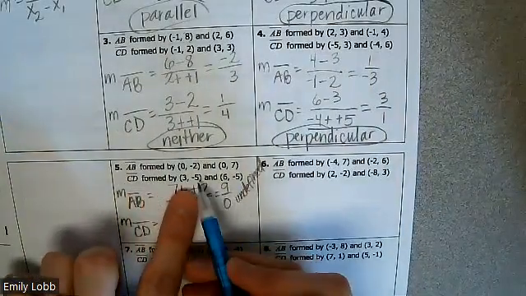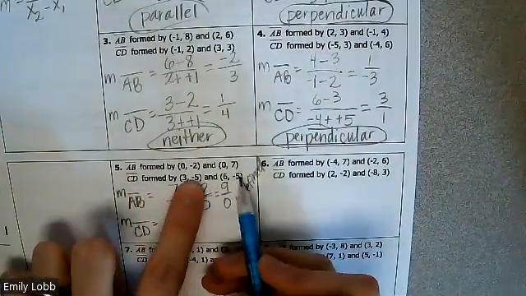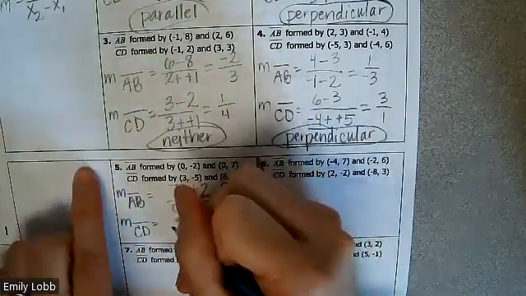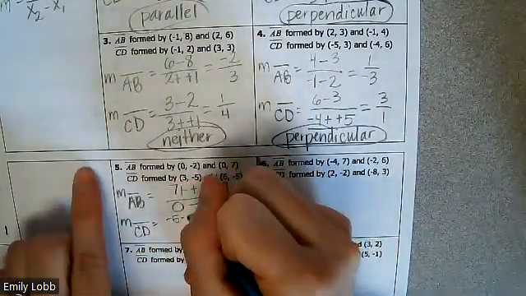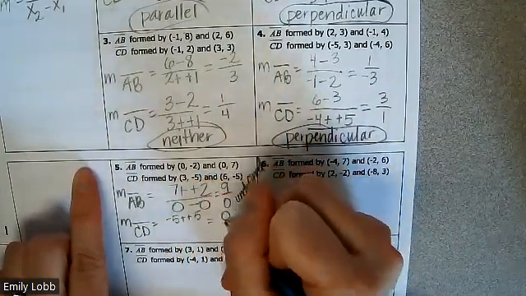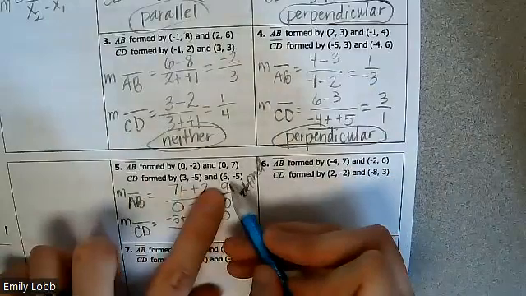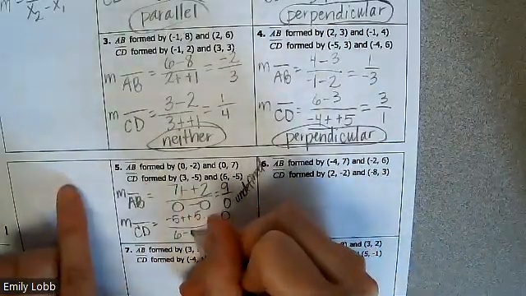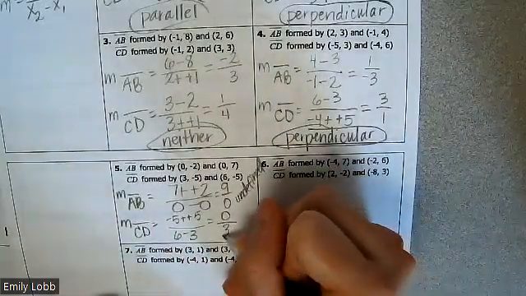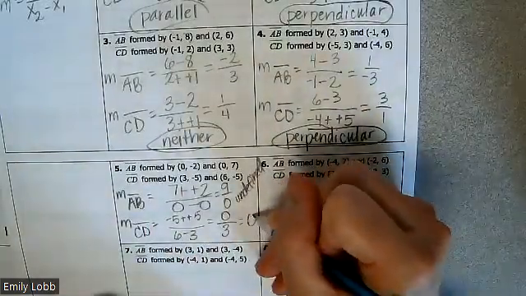Now on top, I notice our y doesn't change. So that means we have negative 5 minus negative 5, which is really what on top? 0. And here we have 6 minus 3. It didn't really matter what the bottom was, though, because 0 out of anything is simply 0.